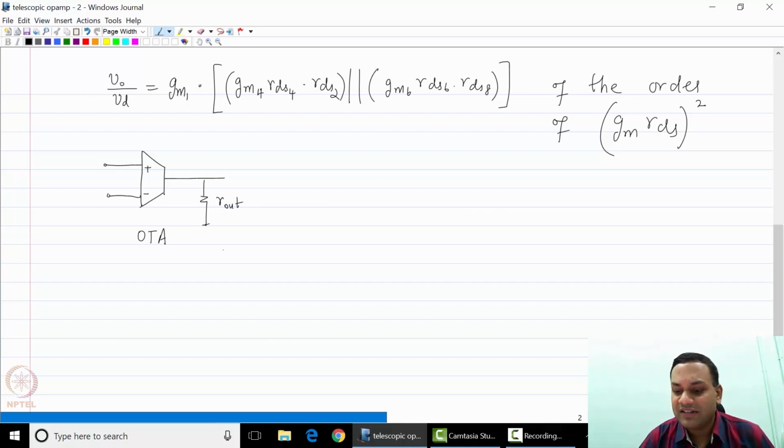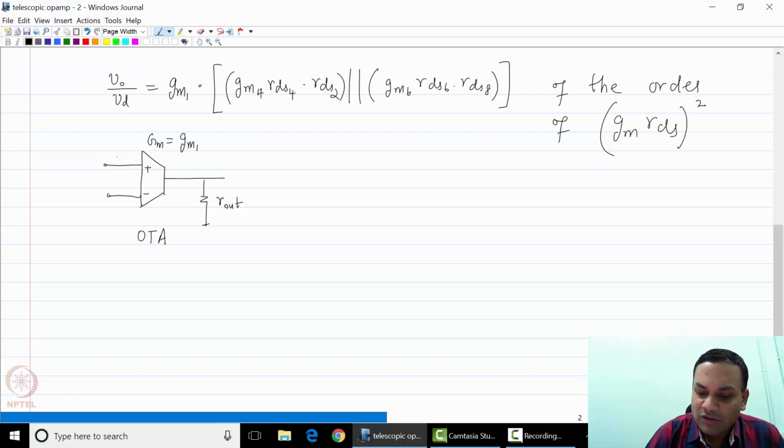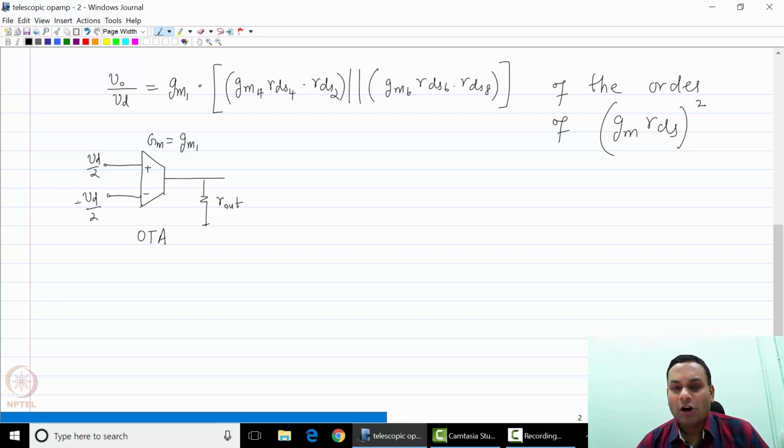This is the output resistance and the transconductance is nothing but GM1. So as you can see, the transconductance of the telescopic OTA is the same as the transconductance of the original one-stage op amp.